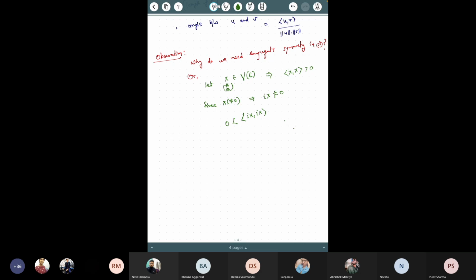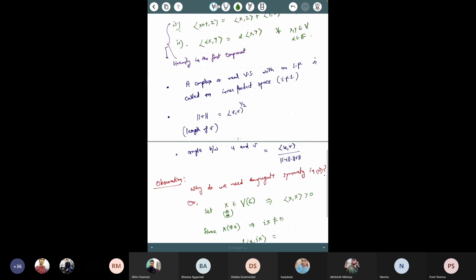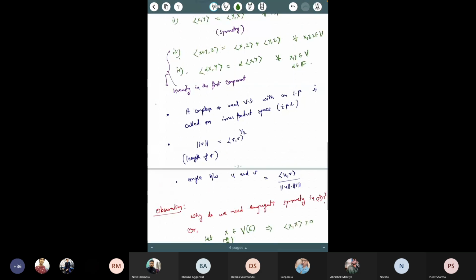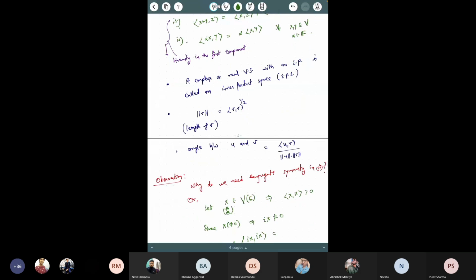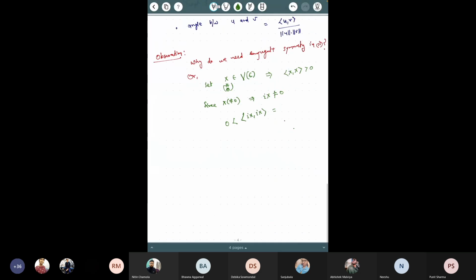But then if you use the third and fourth properties, for example, the fourth property says that alpha times x inner product with y is alpha times the inner product of x with y. If I use this, then it would be i times the inner product of x with ix, right? But then I use the symmetry.